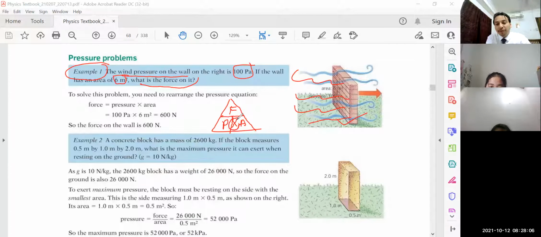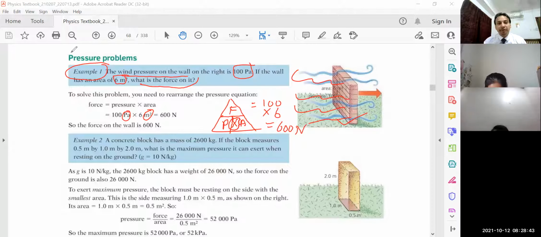Remember the sign of multiplication here. Force is equal to pressure multiplied by area. So I need to calculate force. P into A, P is given, 100. What is the area? Area is 6. So 100 into 6 is 600, and the unit of force will be Newton, as the SI unit of pressure is Pascal and the SI unit of area, meter square, is given. So the unit of force will be Newton. This is the way, children, to calculate.